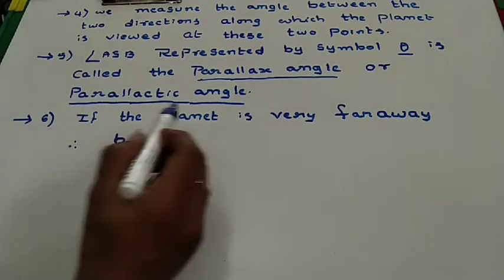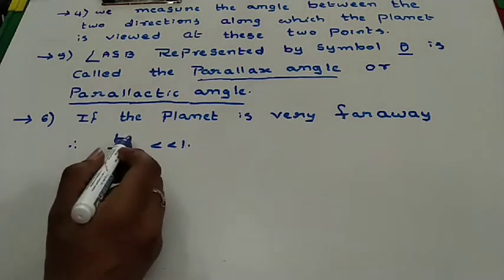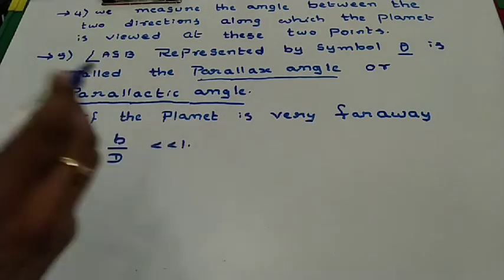Once again, if the planet is very far away, therefore b by capital D is less than 1.